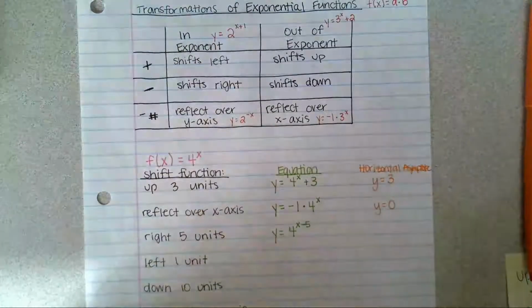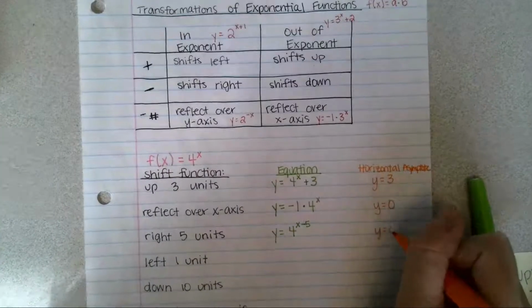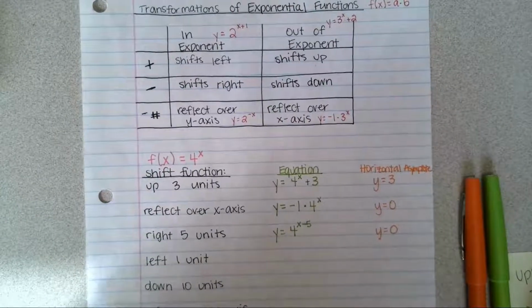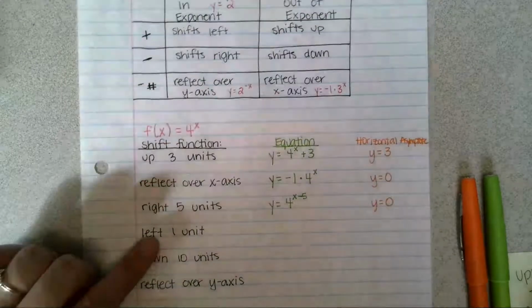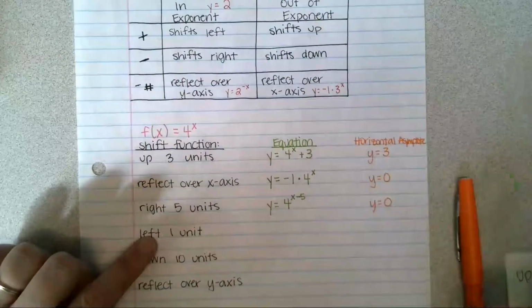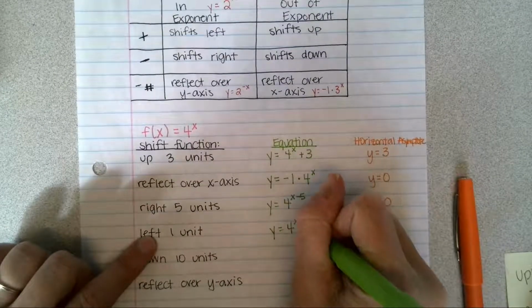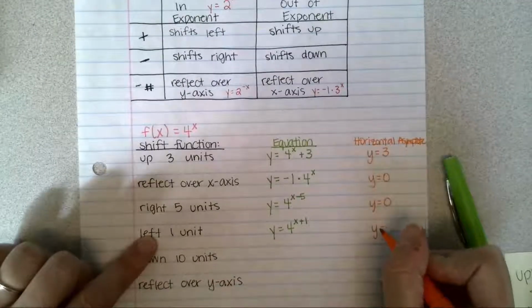And then because I'm not moving up or down, my horizontal asymptote stays as y equals 0. All right, left 1 unit. So left is up here. Left is adding inside the exponent, so y equals 4 to the x plus 1. And again, we're not moving up or down, so the asymptote is y equals 0.